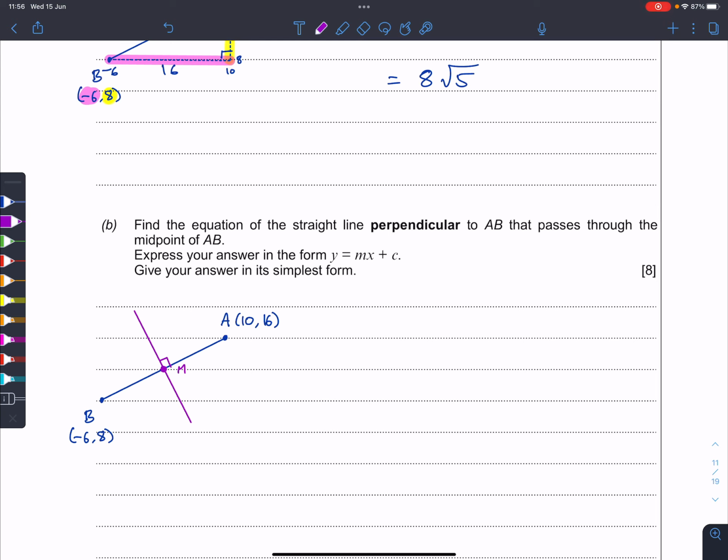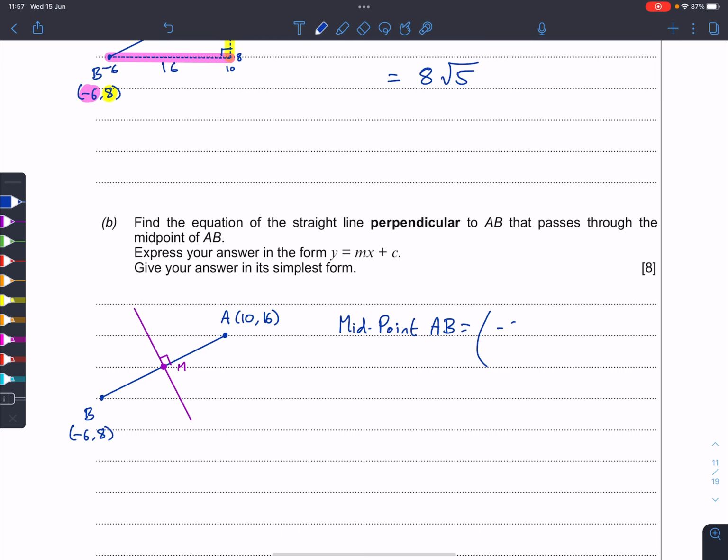If I want to find the equation of a straight line, I need two things. One is the coordinates of a point that's on the line. Well, we only know that point, but we do know it's the midpoint of these two. So if I work out the midpoint of AB, I can do that by adding the x ordinates together, so negative 6 plus 10, and halving them, essentially finding the mean of the x ordinates, and then 8 plus 16 over 2, which is doing the same thing for the y ordinates.